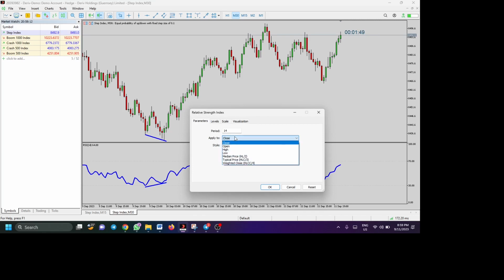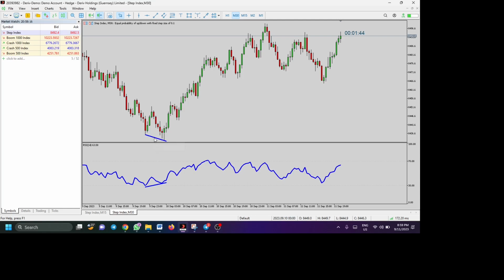the oscillator applies to the closes and not the lows. If you place your cursor on a candlestick, what it shows you are the low point, the close. The RSI applies to the close and not the low, and therefore it's necessary to apply your lines to the closes instead of the lows.